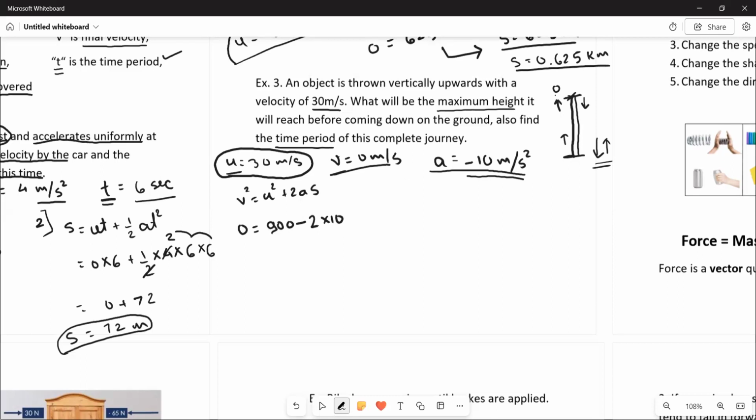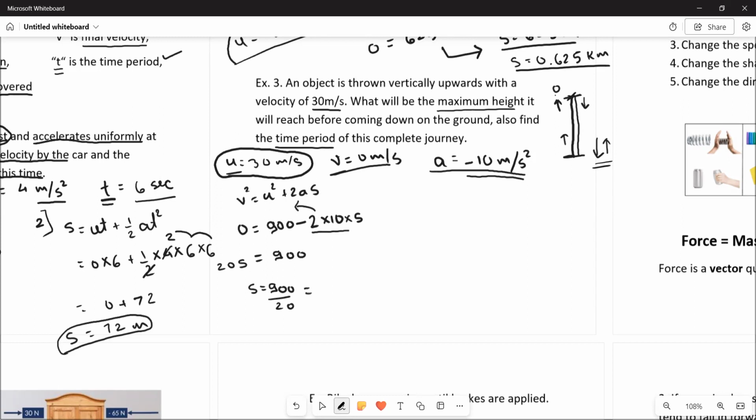We are supposed to find the maximum height. So maximum height is represented using the letter S. Right? So that will finally be, if we move this 2 times 10 to our left hand side, 2 into 10, that is 20 times S, is equals to 900, and from here our S will be equals to 900 upon 20.